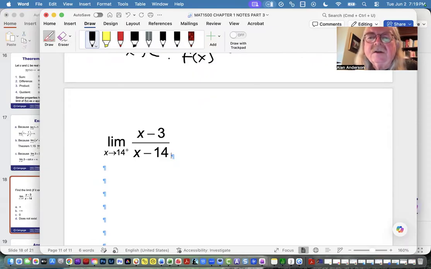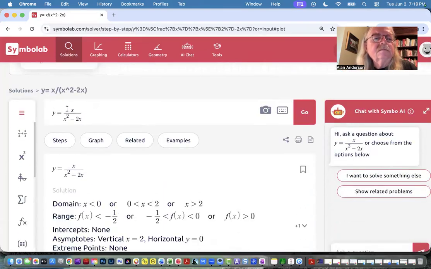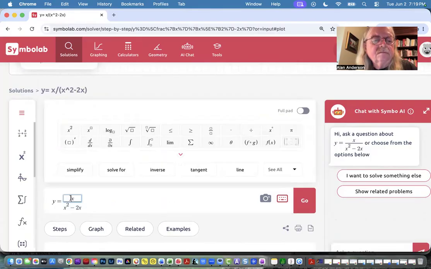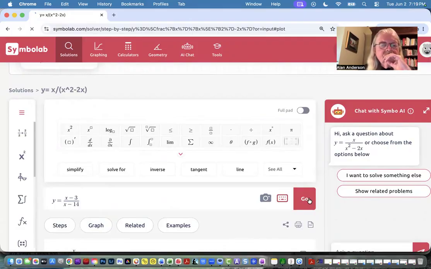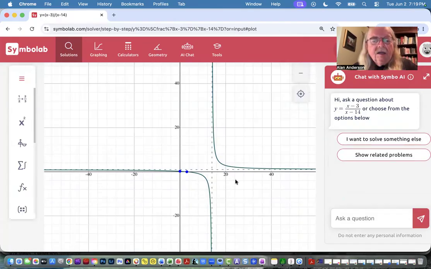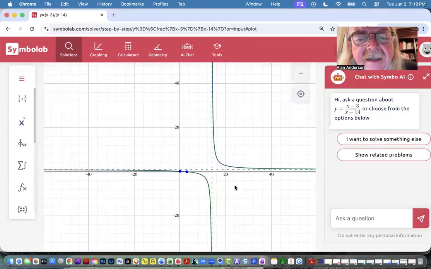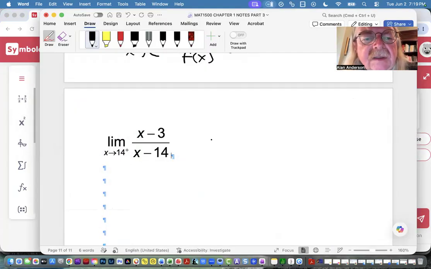So why don't we look at the graph? Okay, so they're trying to get us to figure out what's happening at 14. Now, 14 is an asymptote.